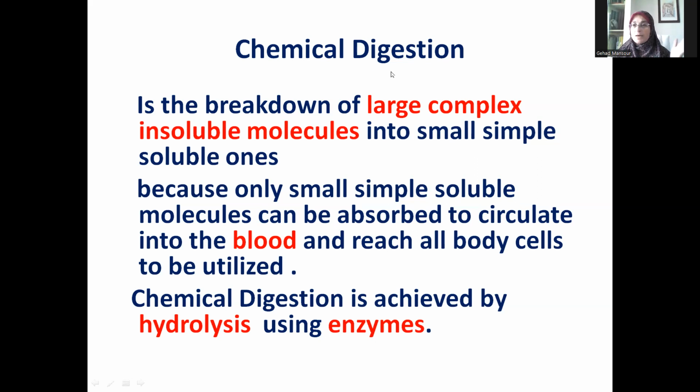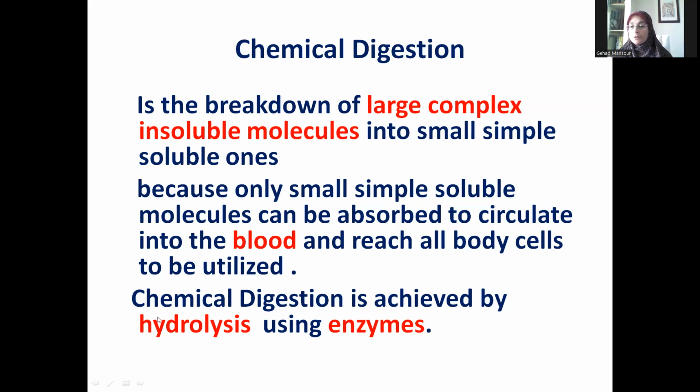So chemical digestion is essential for arrival of food to the blood. And arrival of food to the blood is essential for arrival of food to the cells. And arrival of food to the cells is important to carry out cellular respiration and release a great part of the energy stored in the bonds of the food molecules, for making use of this energy for cellular activities.